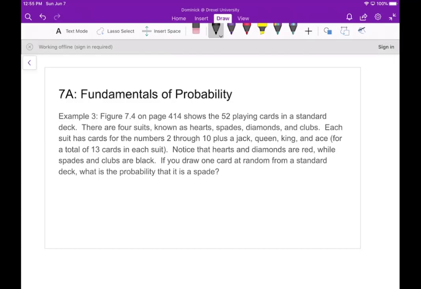Now, if you draw one card at random from a standard deck, what is the probability that it is a spade? Well, we need the probability of spade here. So in the top, we need the number of ways to get a spade. And in the bottom, we need the total number of outcomes.